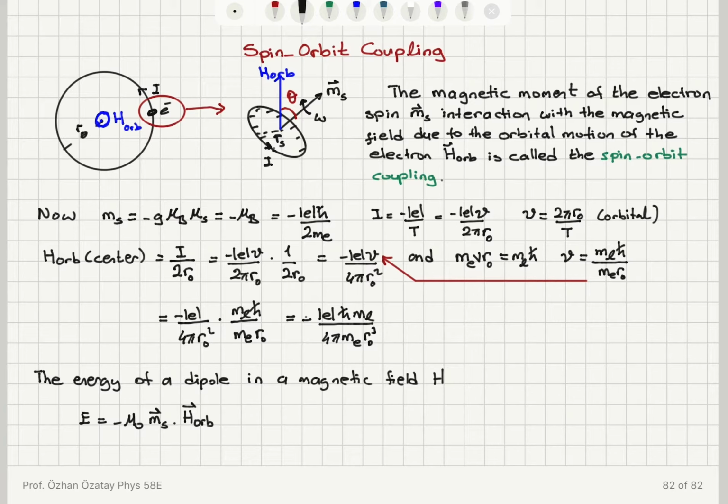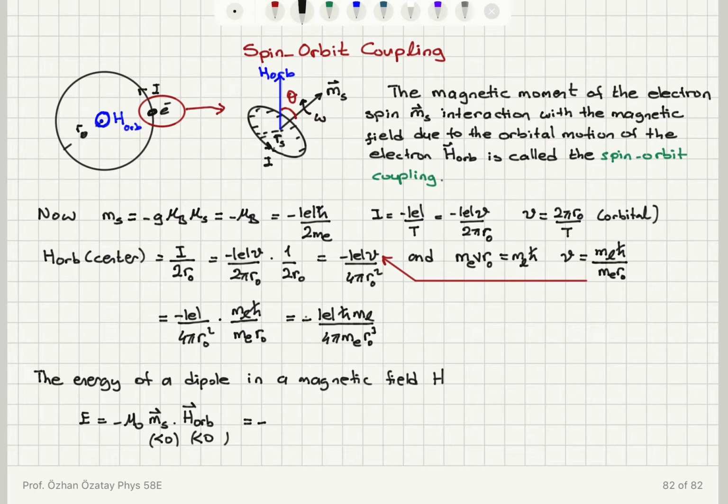The field due to the orbit is negative here because of the minus sign of the electron, and here I have a negative moment as well. So two negatives make a positive. I already have a minus sign, so the minus sign is retained.